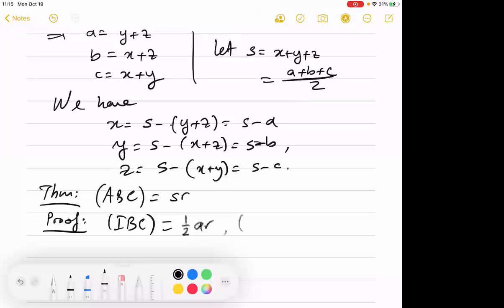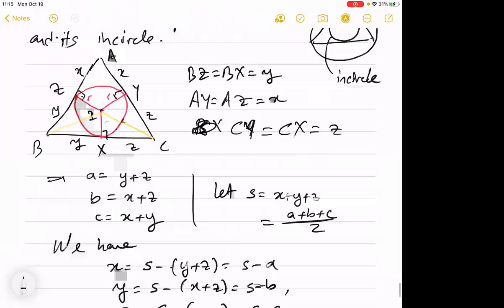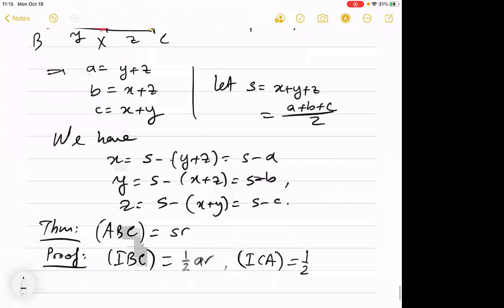What happened? I don't know. But now it does not write well. The area of ICA is 1 over 2, the base is B, and the height is R.